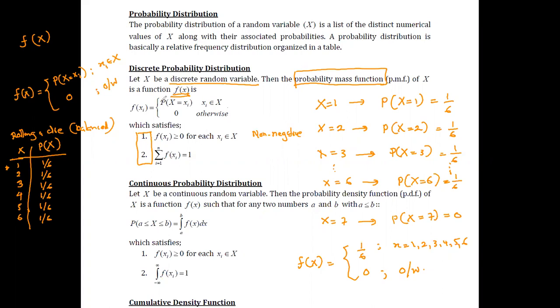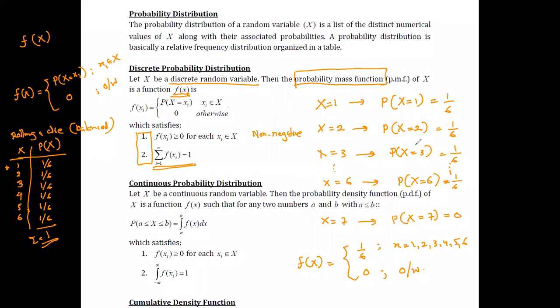And then you have to look at this matter as well. If you sum up the probability values of a probability function, this should be exactly equal to 1. Here also you can see that if you add all these values, there are six 1 over 6s. Therefore, the sum is equal to 1.